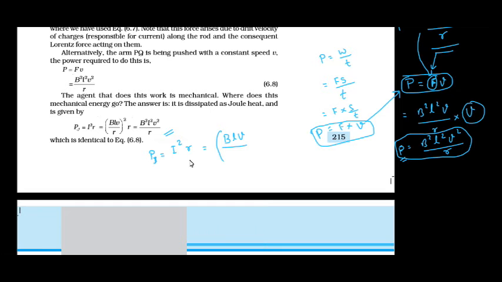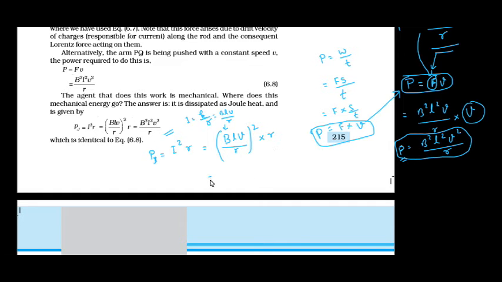So I square R in shortcut. I is equal to, this is the EMF, BLV is the EMF. So I is equal to EMF upon R. So EMF is equal to BLV. So we can write BLV by R, whole square, multiplied by small r.